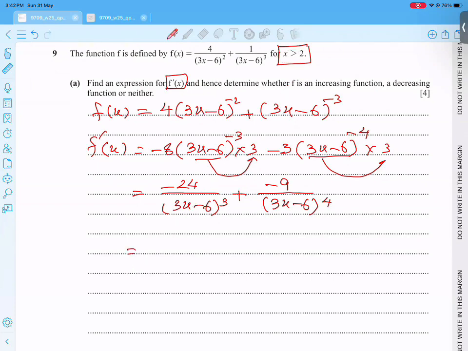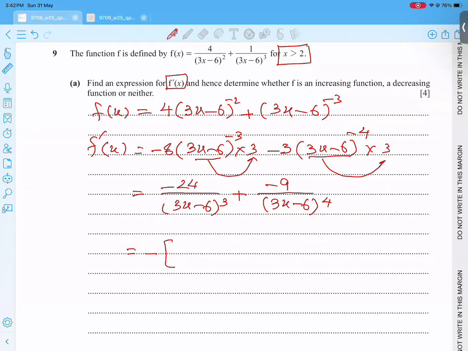First of all, can I take negative common from the whole values? Yes, I can take it. If I take negative common, I can also take the LCM, because the LCM is important to find.